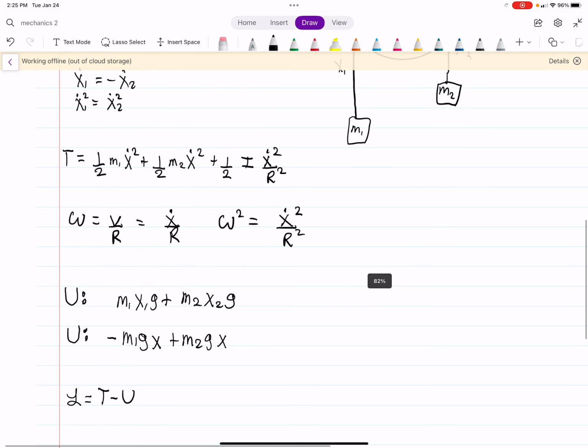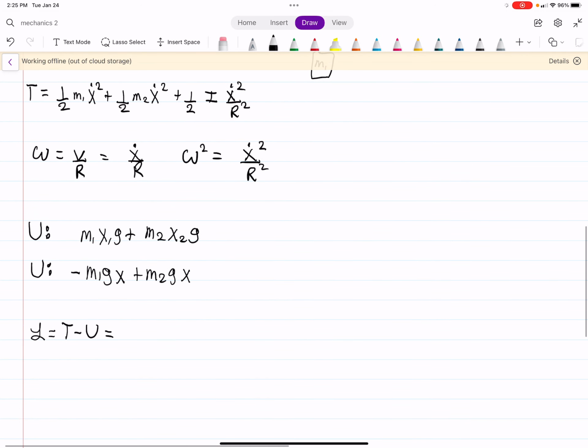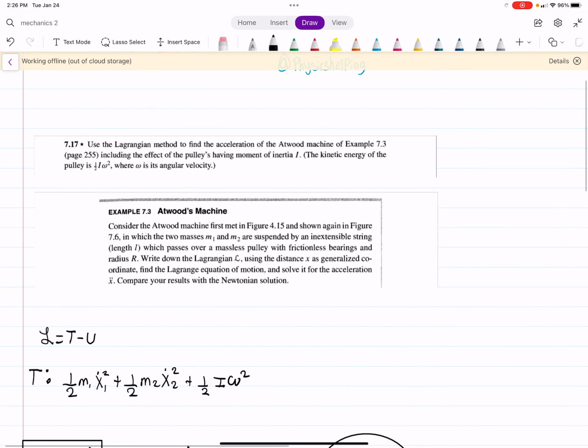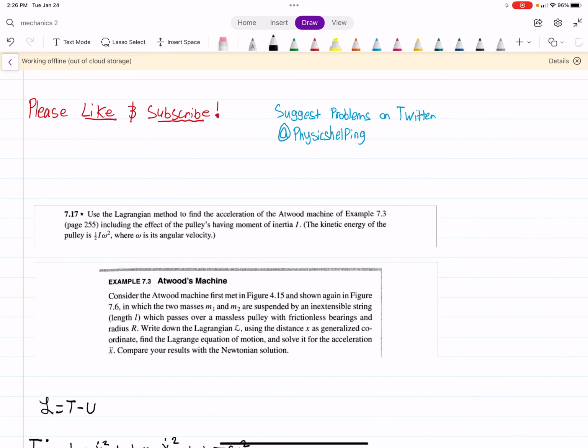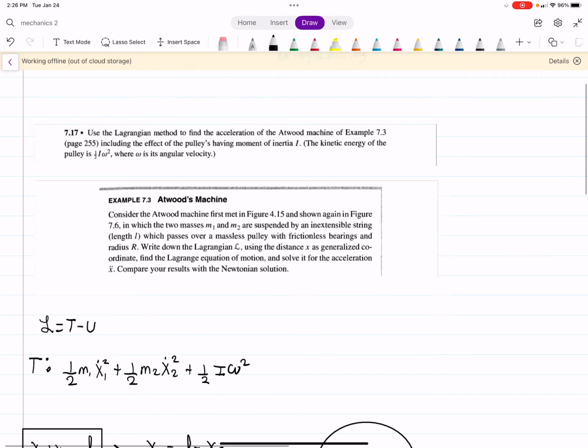Okay, so our Lagrangian then is 1/2 m1 x dot squared plus 1/2 m2 x dot squared plus 1/2 I, and in fact, let's see, I don't know if they actually give us the I. We'll just keep it as I for now.